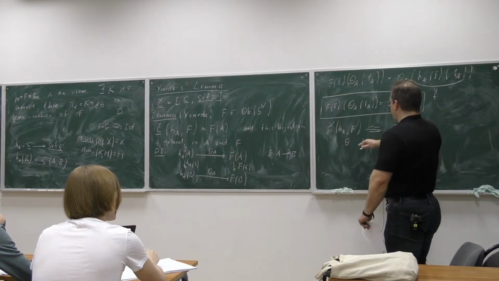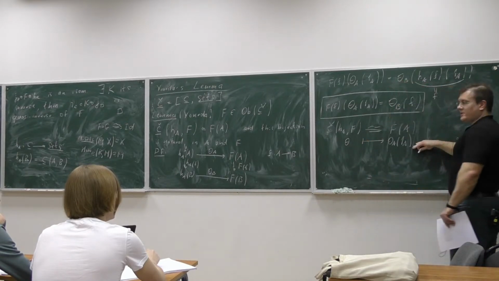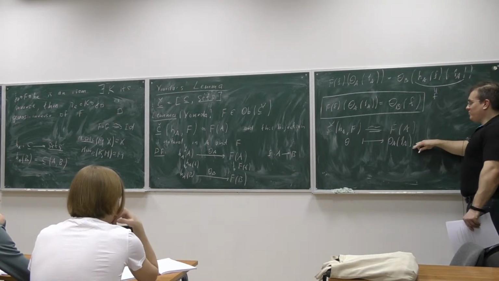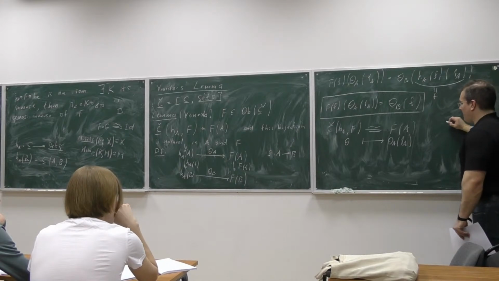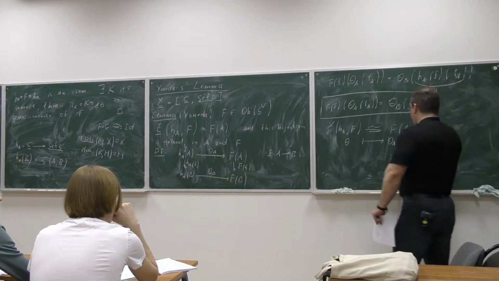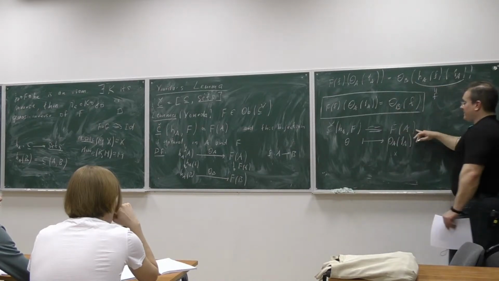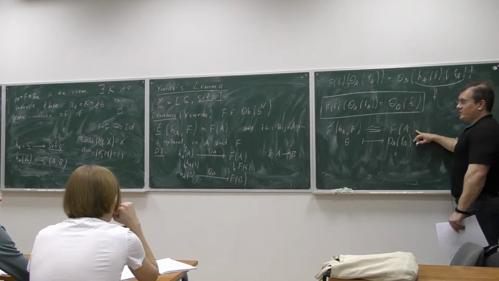Okay, so clearly natural transformation completely determines this element. You just compute this natural transformation on one particular element for object A. Now, if I, for example, fix some x here in this set F of A, can I determine the natural transformation theta?